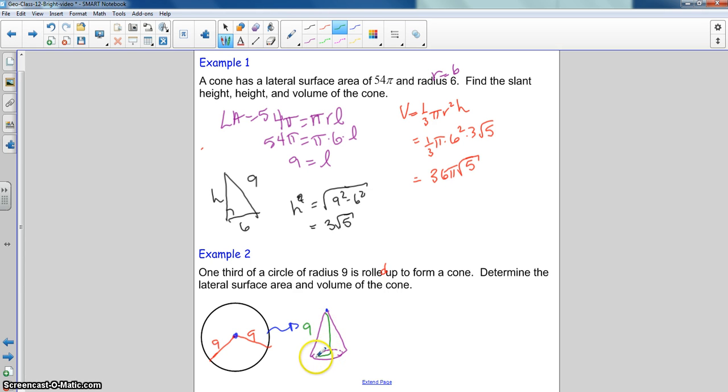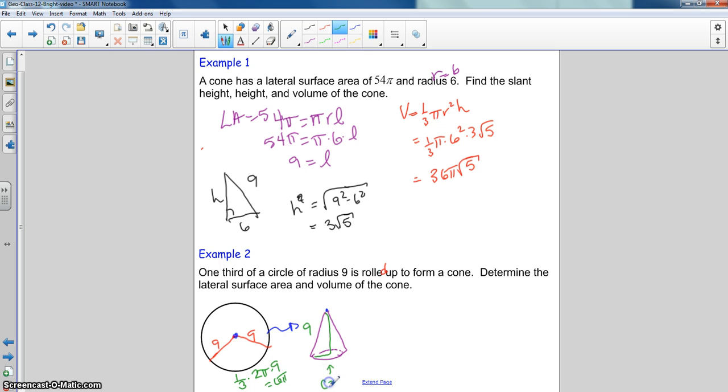Okay, here's a picture, and this distance would be 1/3 of the circumference, and the circumference of the full circle would be 2 pi times 9, so 1/3 of that is 6 pi. So I know that the entire distance around the base of the cone, the circumference of this circle, is 6 pi.